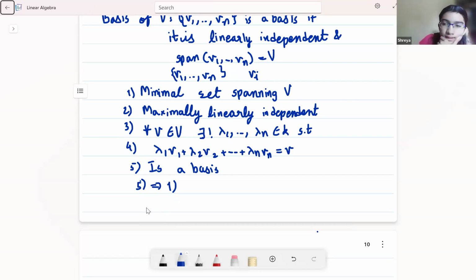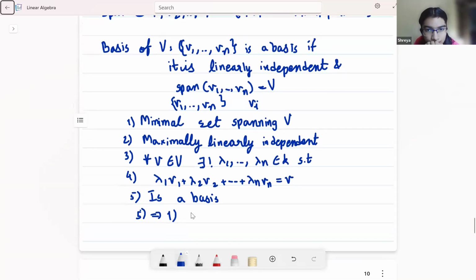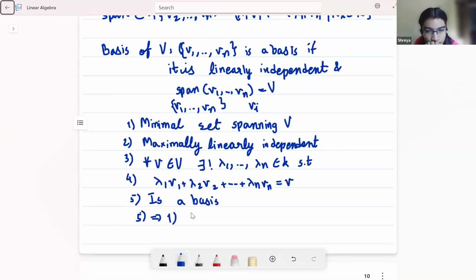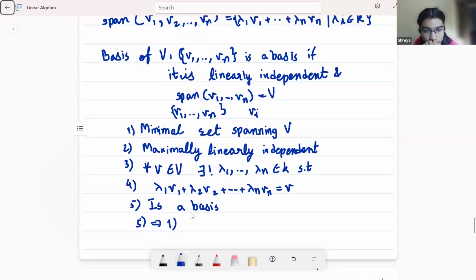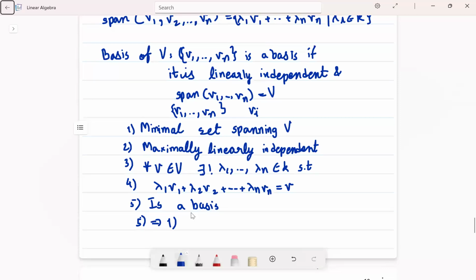Okay, it's fine. You might not even need to prove that directly. Wait, what? Yeah, you don't need to prove 1 implies 5. Assuming finite stuff, if it is a basis and we remove an element, then it cannot be spanning, right?